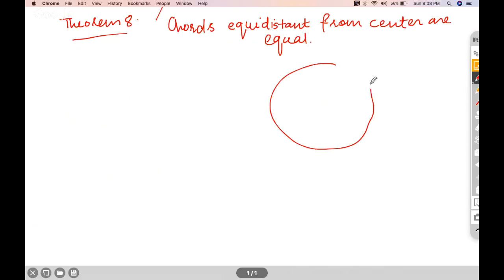So suppose this is AB and this is CD. So this is a perpendicular drawn, and this is a perpendicular drawn.